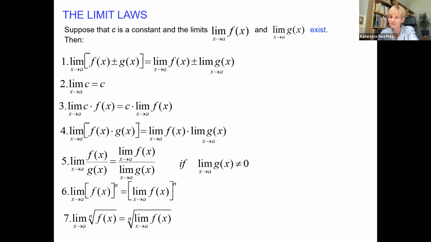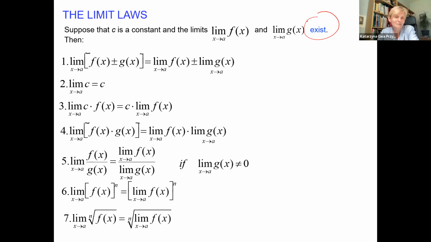If the limits do not exist as finite numbers, then we will not have enough information to compute the limit, or we will need different algebra or different calculus tools. But for now, we're just focusing on the limits that exist.